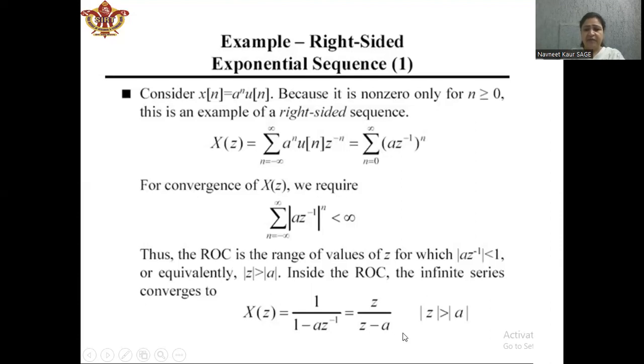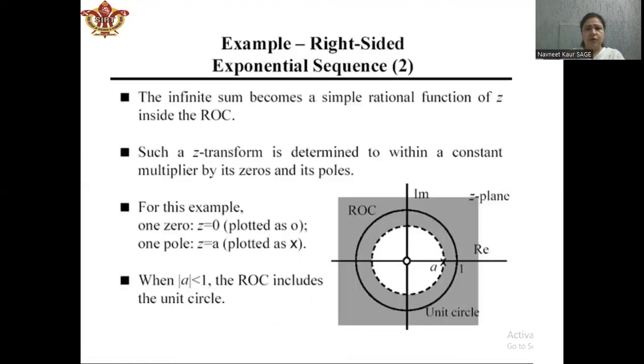So here, if my pole is located at z equal to a, ROC will consist of the region which is outside the circle of radius a. Here I can see that this is the z plane, this is the real z, and this is the imaginary z. Now, poles are located here, which is z equal to a in this case.